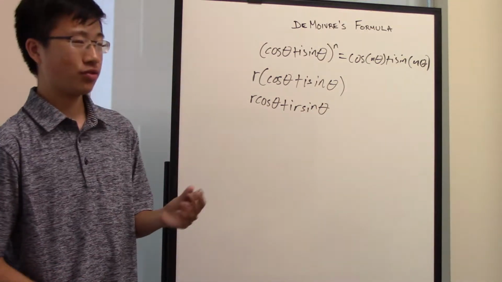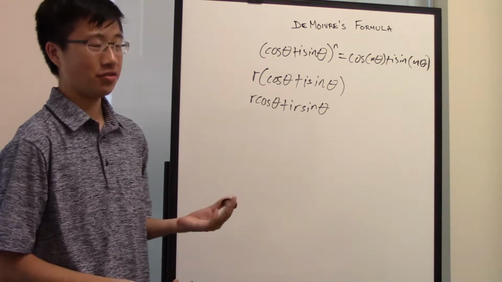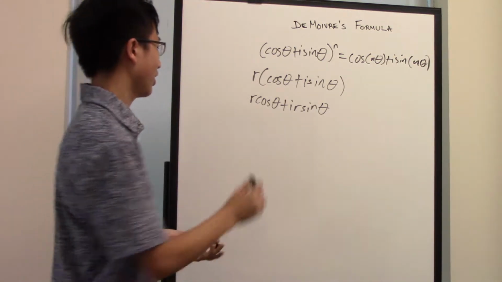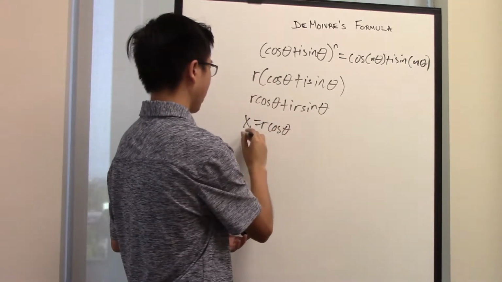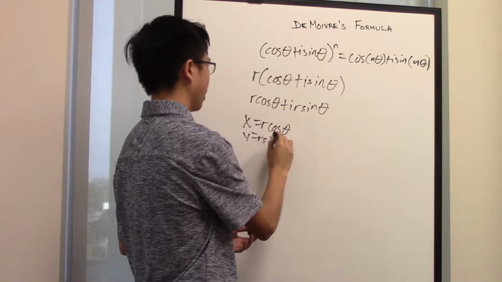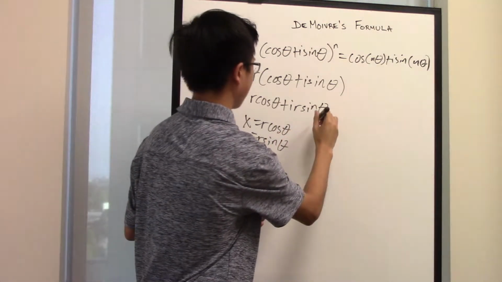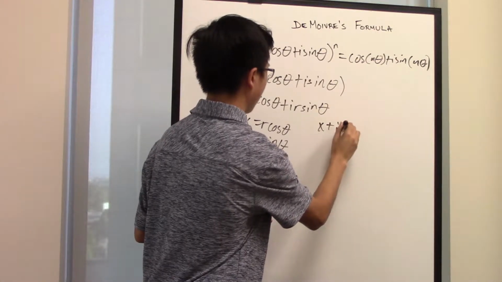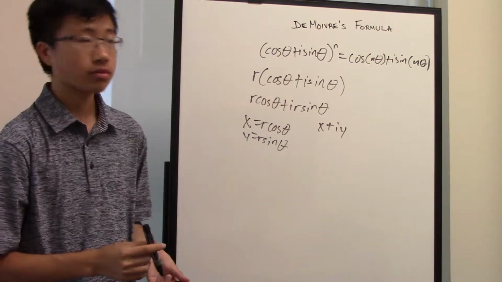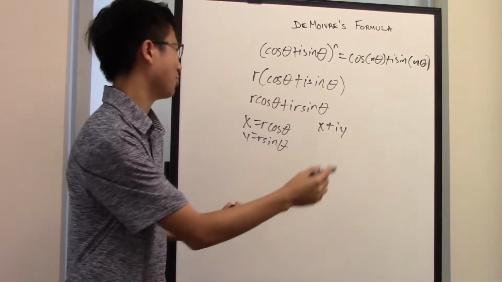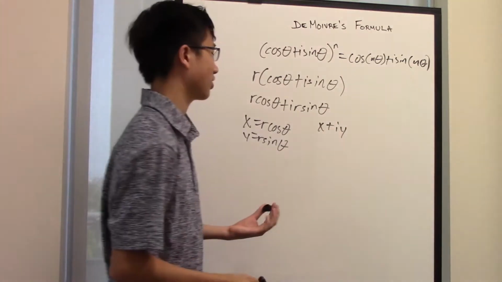And the polar form of a normal xy coordinate is just x is equal to r cosine theta and y is equal to r sine theta. So this is basically the same thing, but it's just x plus i y, which is just the normal form of a complex number. So x would be the x coordinate and y would be the y coordinate, which would be the imaginary part of the complex number.